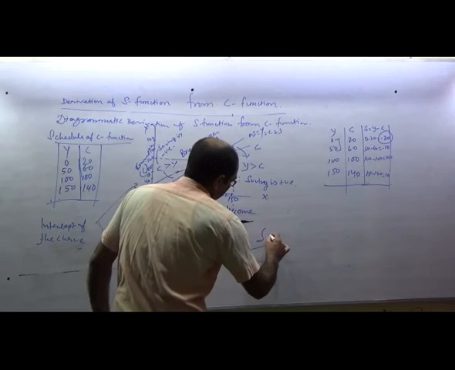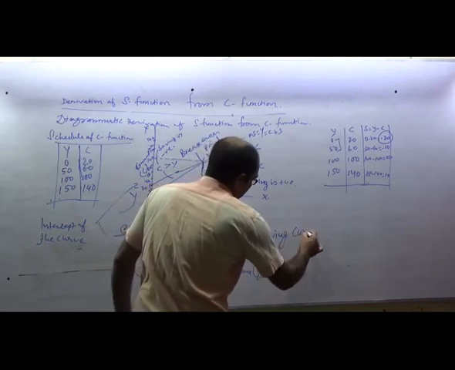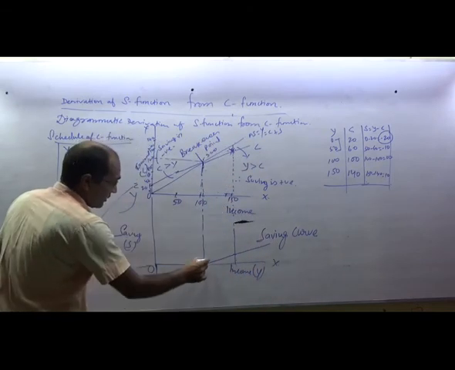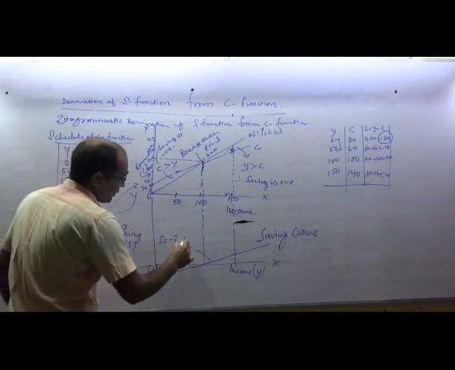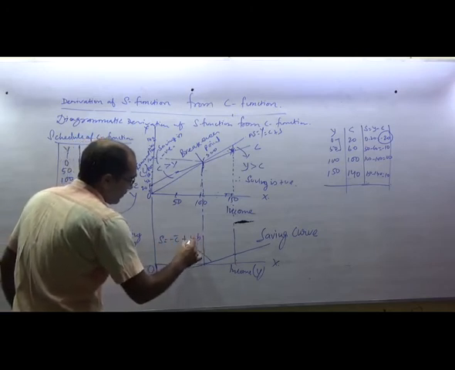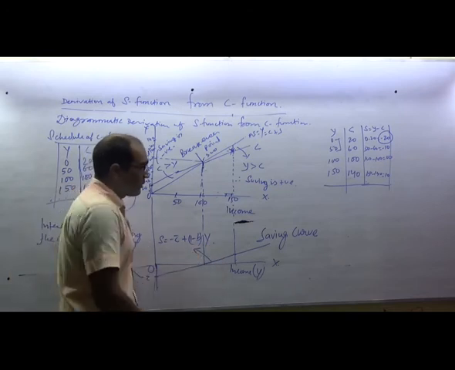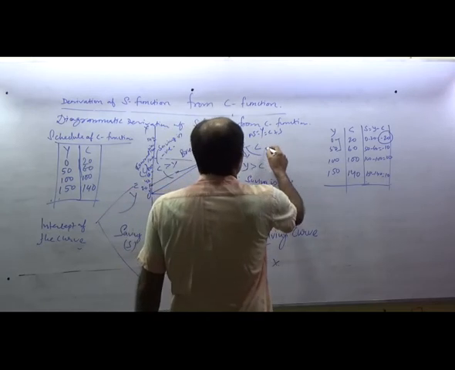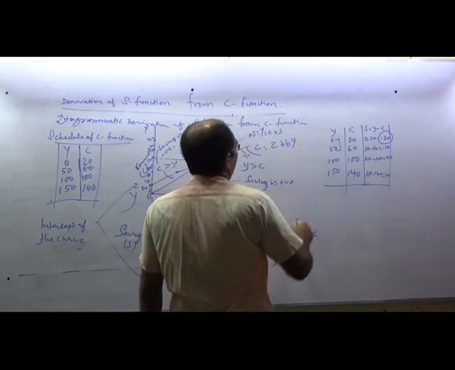It's the saving curve or saving function. S equals minus C bar plus (1 minus B) Y. See the derivation of the line, consumption equals C bar plus B Y.